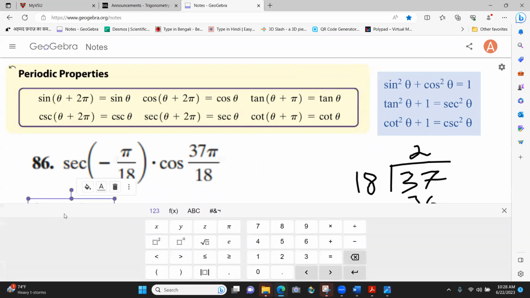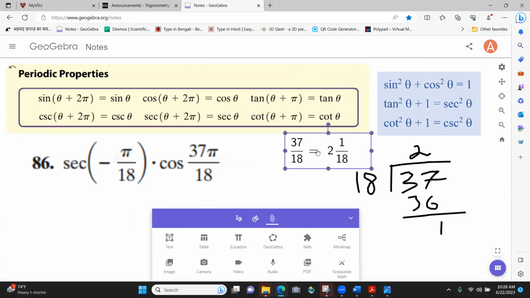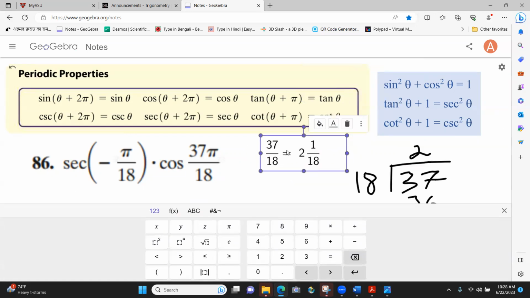Let's put that pi here. So this is a little extra work that you kind of want to actually see. And this is going to be 2 pi plus pi over 18. It's the same thing, guys. 37 pi over 18 is 2 whole pi and 1/18 of a pi.